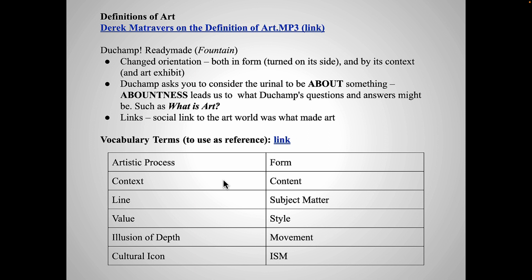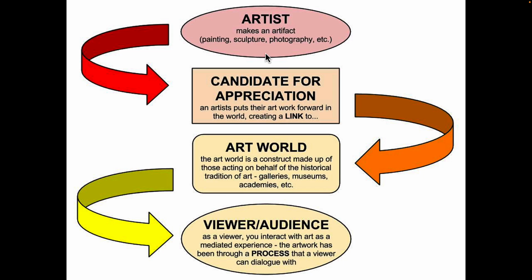And this kind of graph always begins with an artist, right? An artist makes an artifact and is putting that forward. Now we have some categories that we've defined, but this is pretty broad. But the staples are painting, sculpture, photography, ceramics. Those are the big ones.